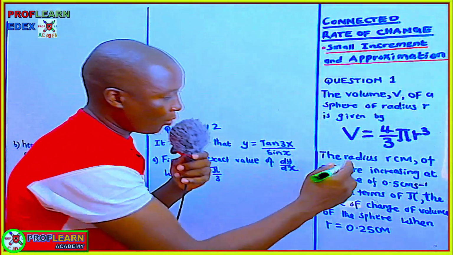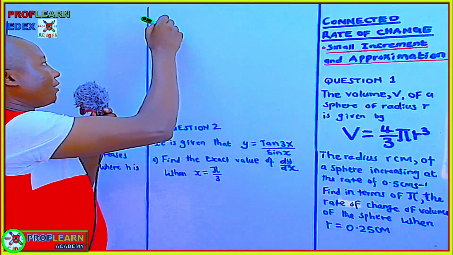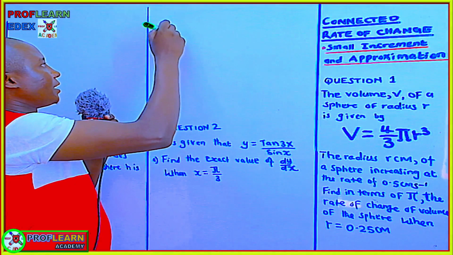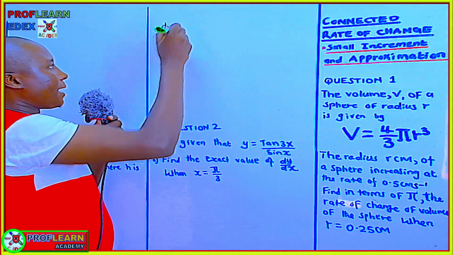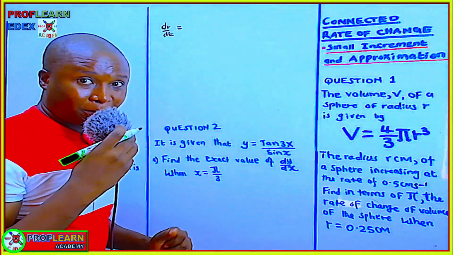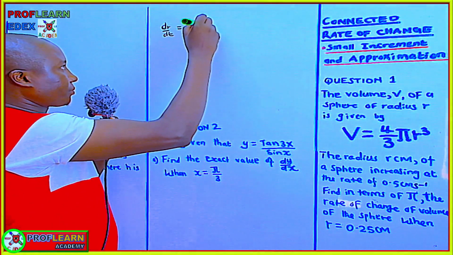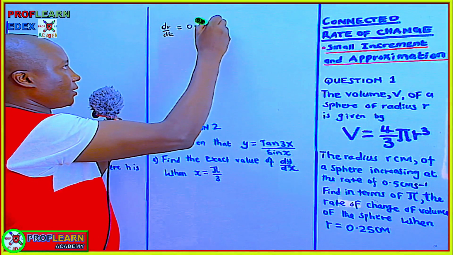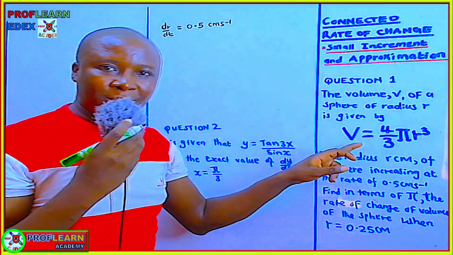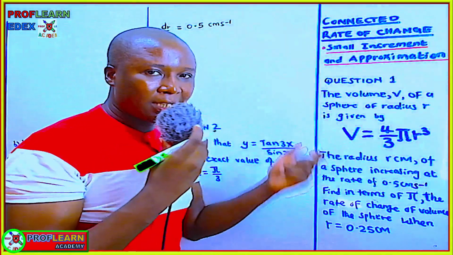We are given the rate of increase, so we have dr dt, and our dr dt is 0.5 centimeter per second.